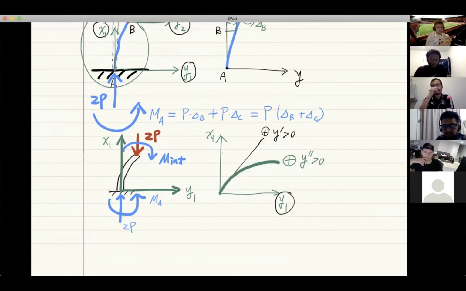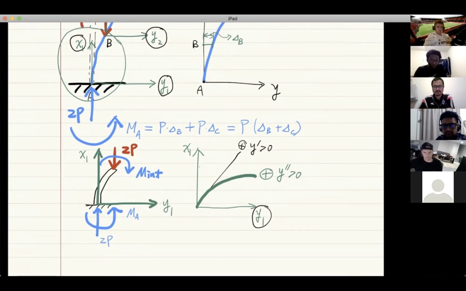So the best way is to use the following approach to determine the positive curvature. Step 1. Define your positive directions, x and y. Step 2. Define your positive slope, which of course you know how to do, right? Once you define the positive directions of x and y, you automatically establish four quadrants.